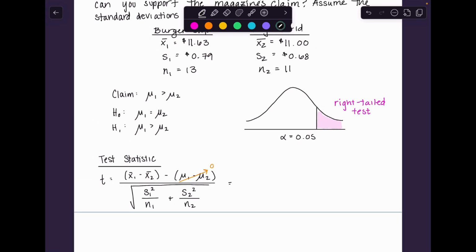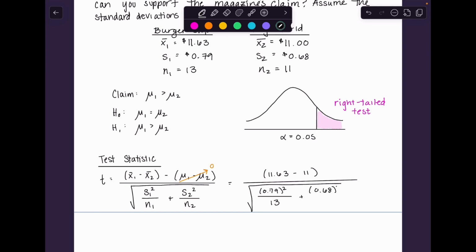So plugging in our information, the mean of x1 is 11.63. The mean of x2 is 11. And then in the bottom, we've got the square root. S1 is 0.79, so we square that over its sample size, which is 13.